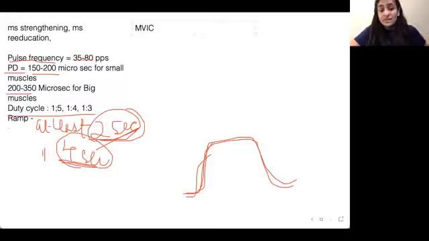Correct? So, how much is the percentage of the MVIC that we are going to use for strengthening?